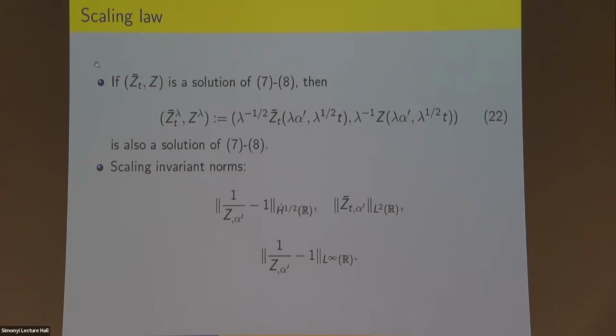As I mentioned earlier, ideally we would really want to get a result which depends only on the smallness of scaling invariant norms. This is the type of scaling the water wave equation obeys. So scaling invariant norms are these: a half derivative in L2, and this actually governs the steepness, and that's also scaling invariant.